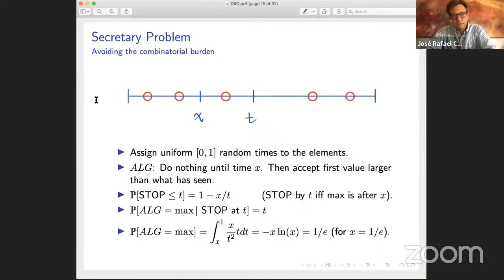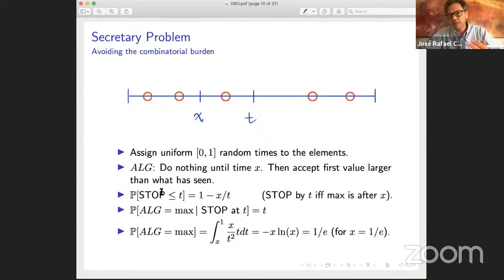Now consider an algorithm that does nothing until time x, and starting from time x, picks the first value that's larger than the history at that point. So you can easily compute the probability that this algorithm stops by time t. Why is that?